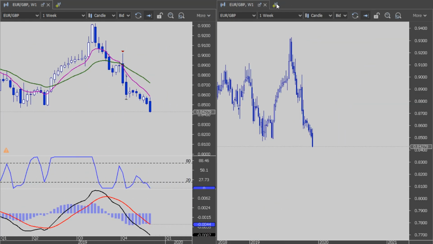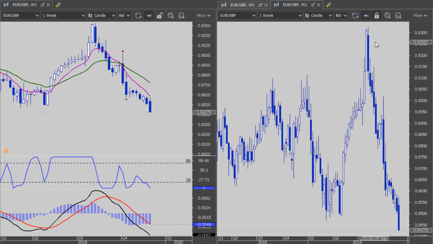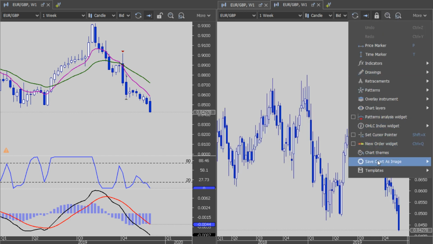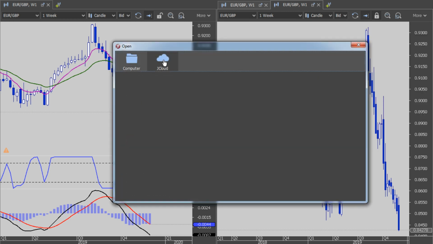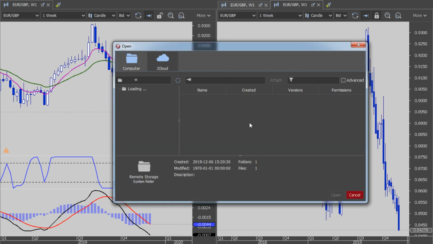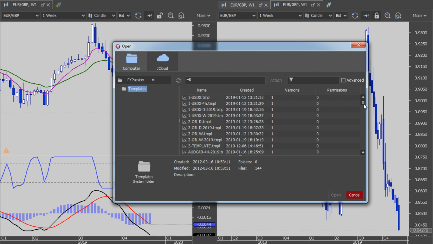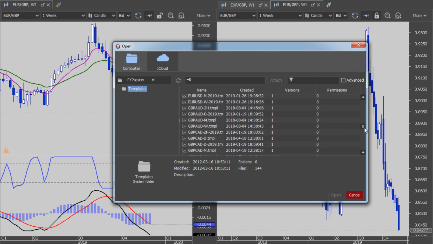Now I'm going to open a chart, okay? Euro GBP weekly chart. Open template, JCloud. So I'm using, everybody, exponential. Where is the Euro GBP? Euro GBP weekly chart. There you go.